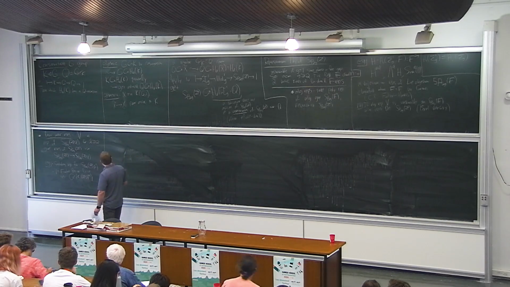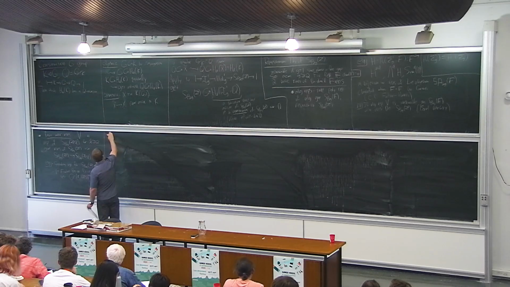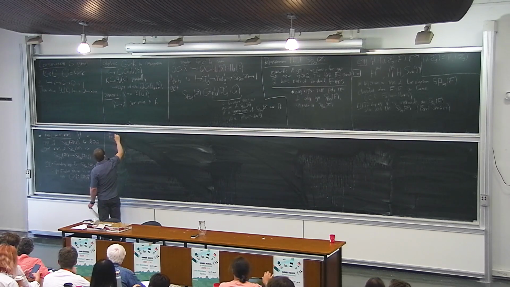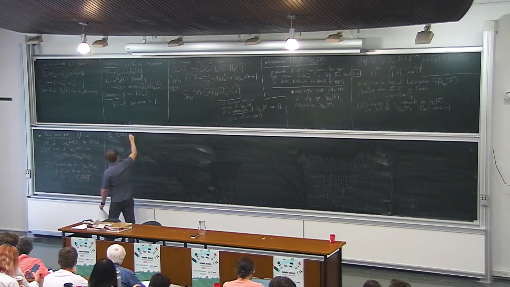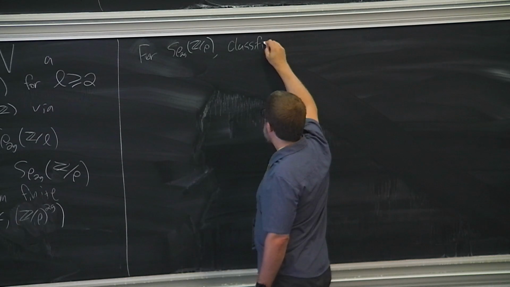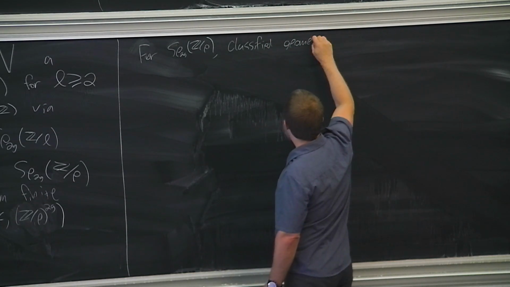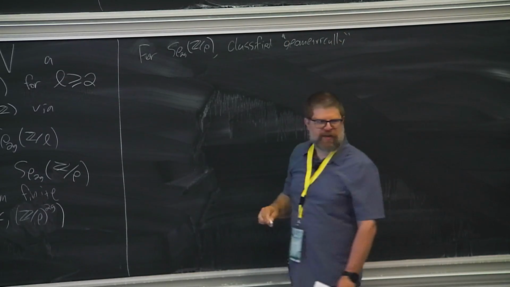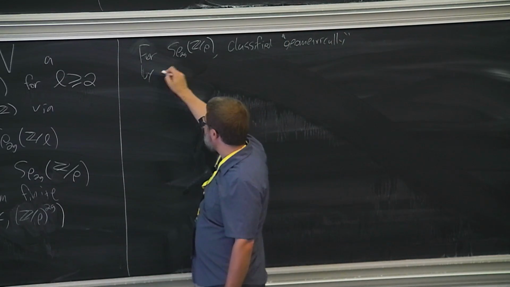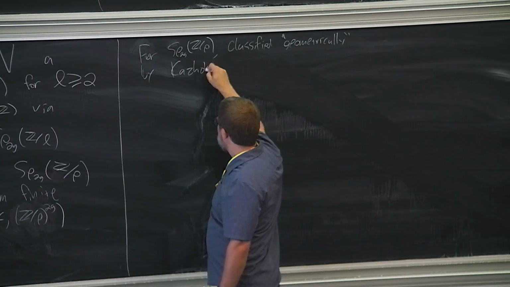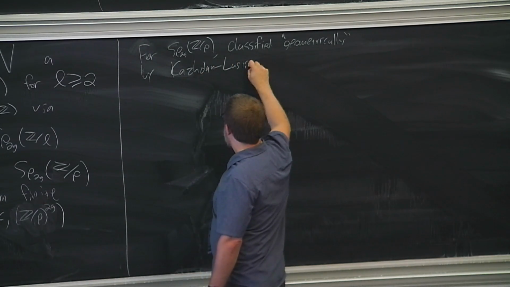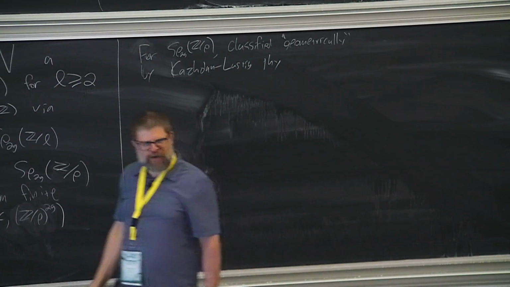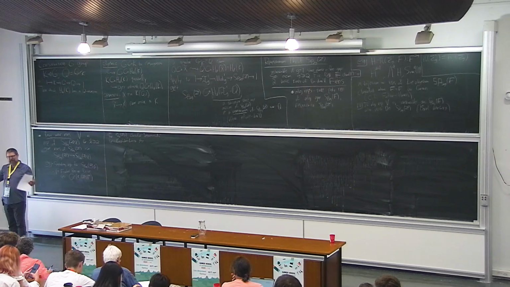But for Sp_2g(Z mod p), these are classified geometrically, and I'm putting scare quotes around the word geometrically for this audience, by what's called Kazhdan-Lusztig theory. This geometrically means, in L-adic cohomology on some variety.